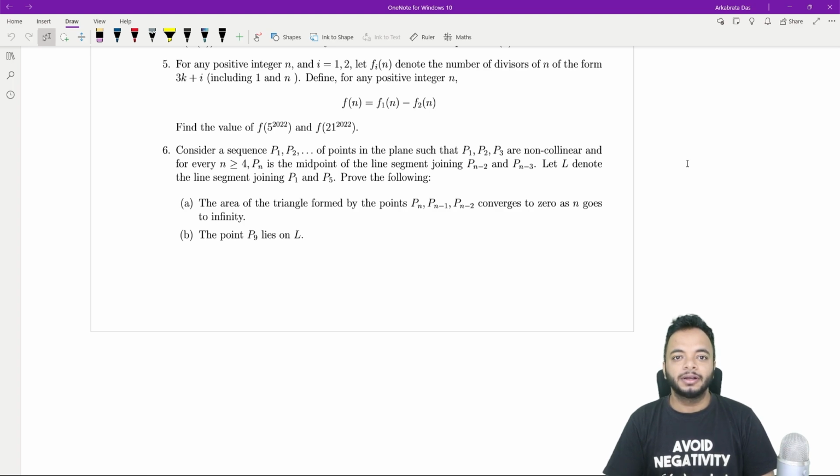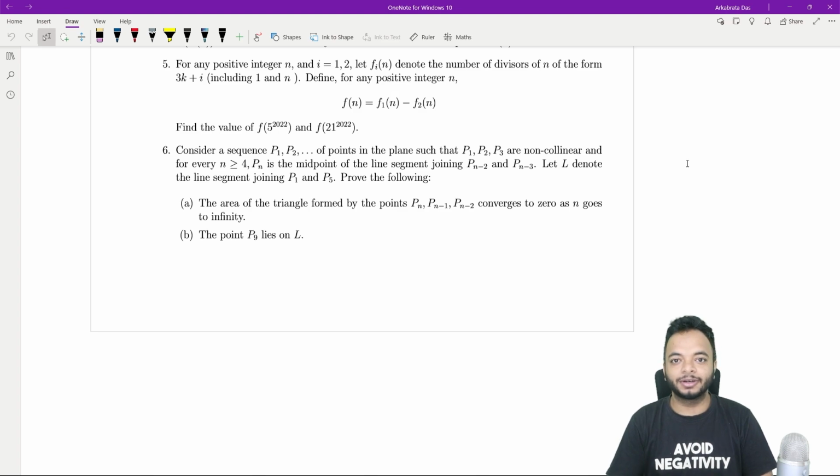Now for this, many students have just drawn the first triangle and then the second triangle, and from there they showed that the area is getting halved, and thus they just wrote that the nth triangle will have area equal to the area of the first triangle multiplied by 1 by 2 to the power n minus 1.